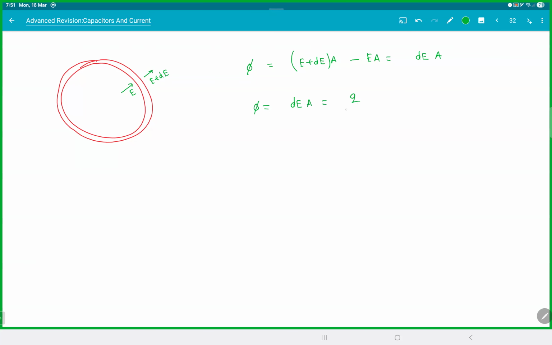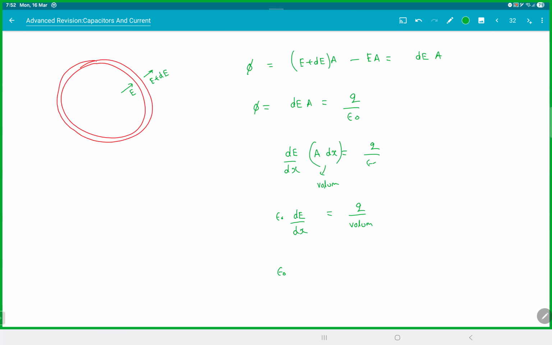Right? And this is nothing but the charge enclosed by epsilon, right? And if you multiply dE by dr, this will be A into dx. That's Q by epsilon. This becomes the volume term. So dE by dx into epsilon will be Q by volume. That's your charge per unit volume.